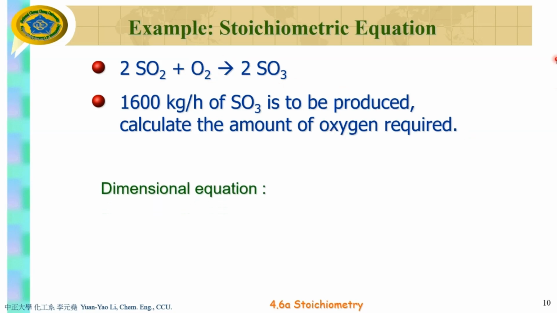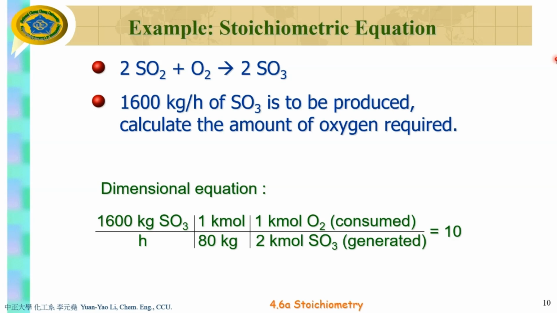So please, I think you can work this out by yourself, right? So this is the molecular weight, and you know how many moles of the SO3 need to be produced. Because of the stoichiometric ratio, you know that if you produce 2 moles of SO3, you need to consume 1 mole of oxygen.